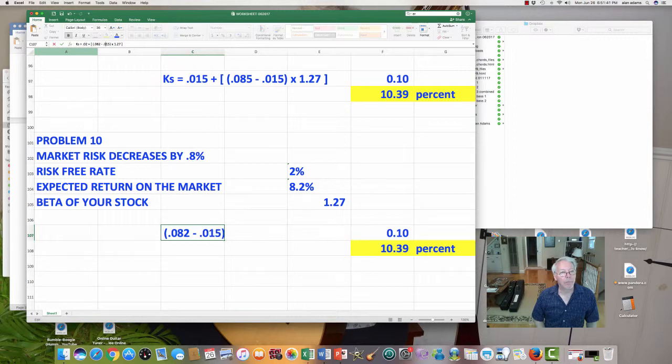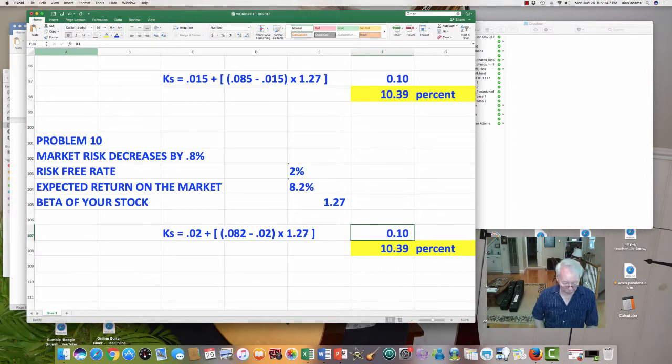Out here, I reset my inflation to 0.02. And if I did this right, let's see what we get. I want to get 0.02 plus parens 0.082 minus 0.02 times 1.27 beta, and I get something that does not look right to me.